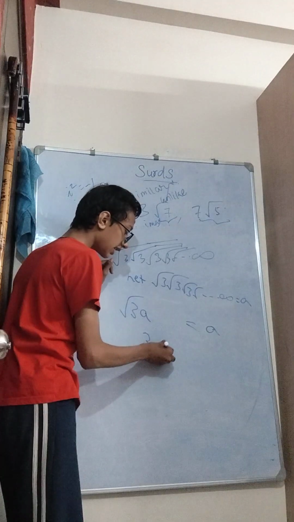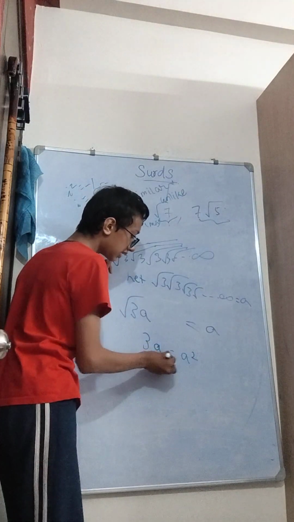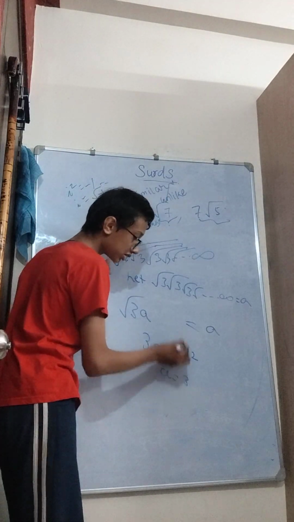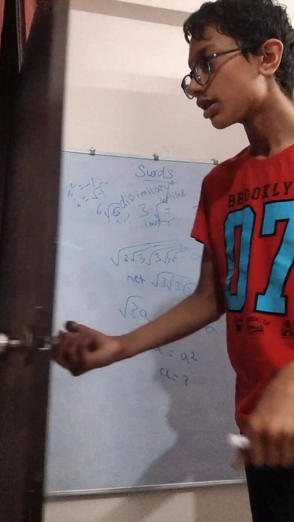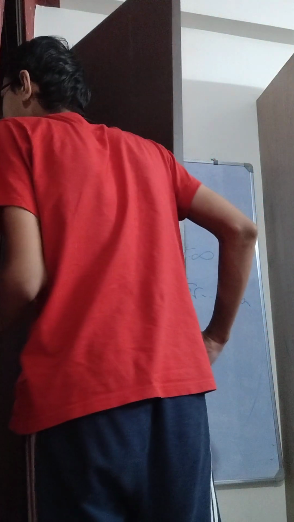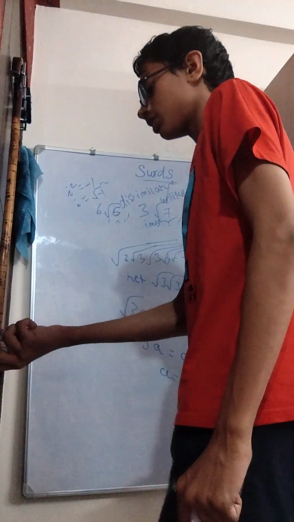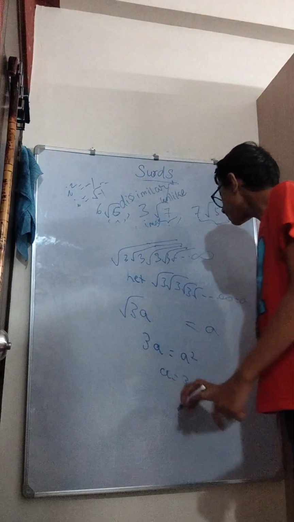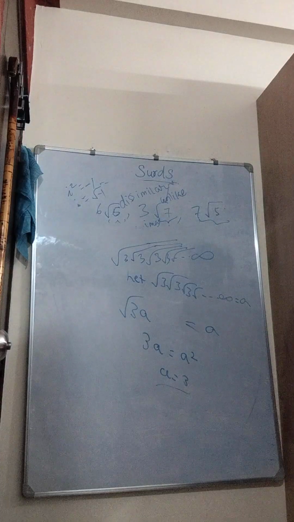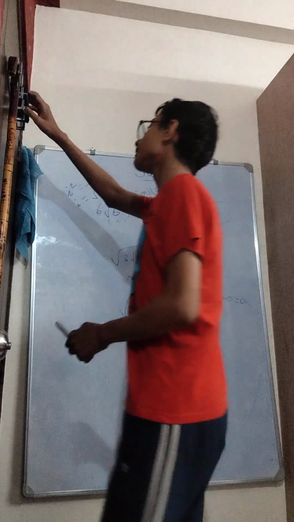So 3A is equal to A square. A is equal to 3. Okay. So this is A is equal to 3. Understood? This is surds.